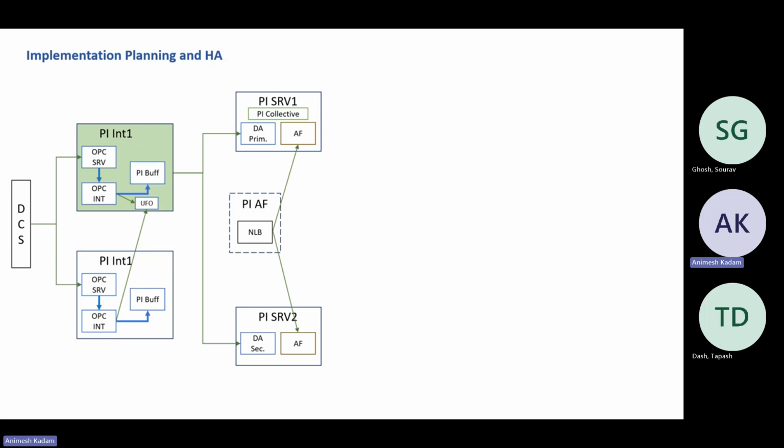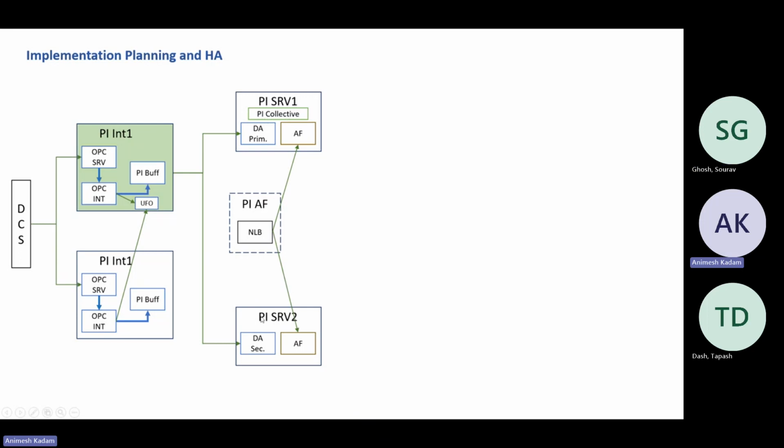AF doesn't have a failover configuration component like we have UFO here and Pi collective for the data archive. For AF, we don't have such a component. So for AF redundancy, we need to use a network load balancer. So this is the network load balancer.